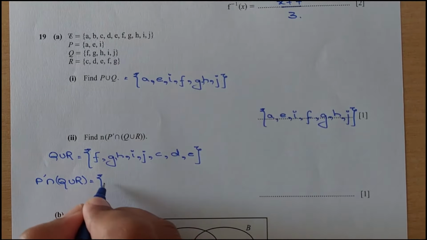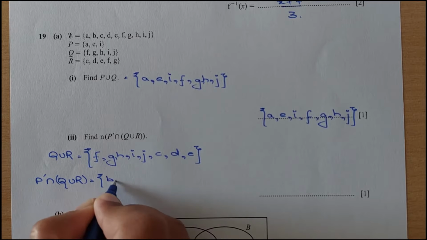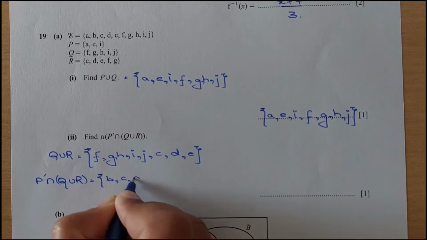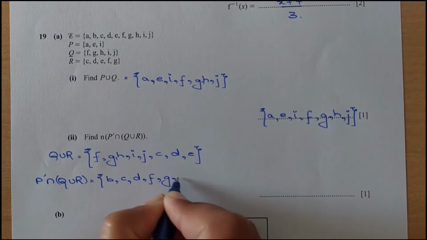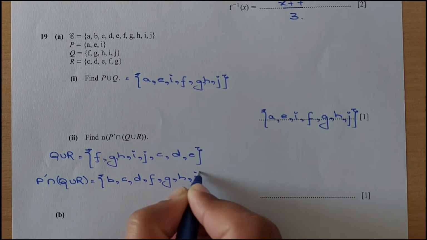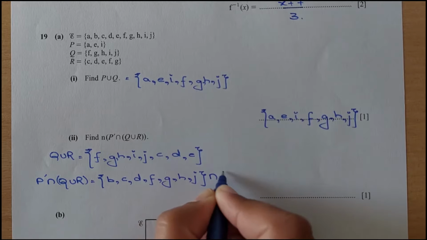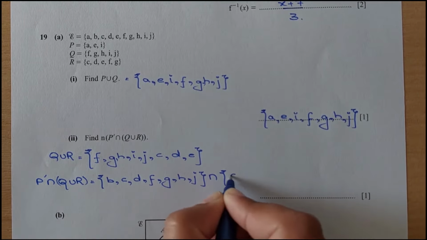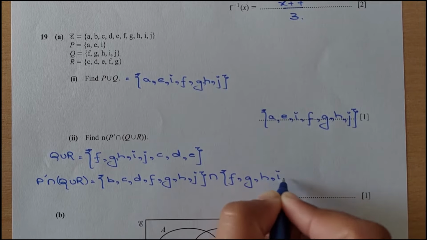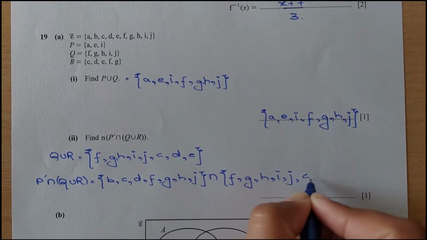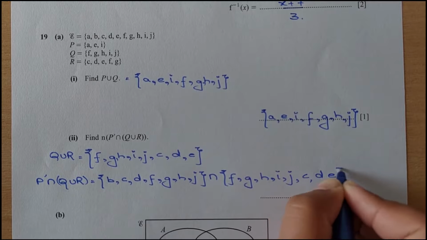We will get P complement. So P complement has B, C, D, cancel E, F, G, H, and J. And its intersection with this given set, F, G, H, I, J, C, D, E.